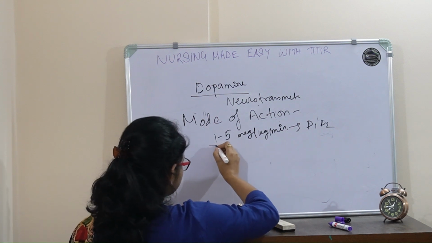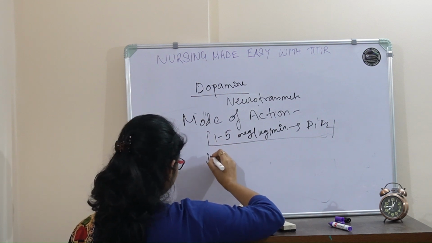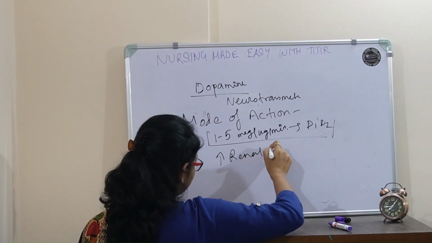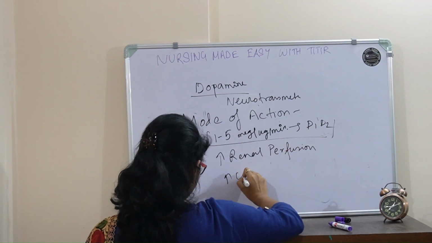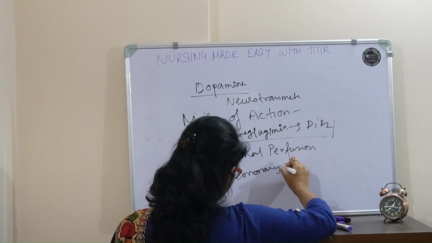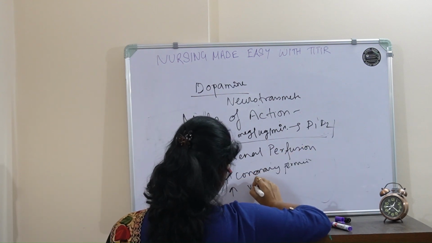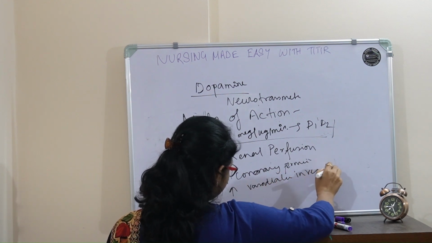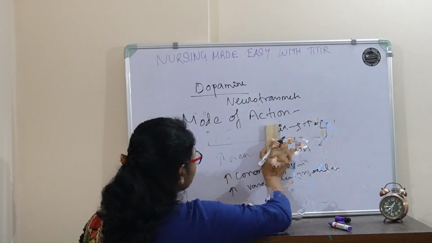When we start at a lower dose, it will increase renal perfusion, increase coronary perfusion, and increase vasodilatation in the renal artery. This is the lower dose.